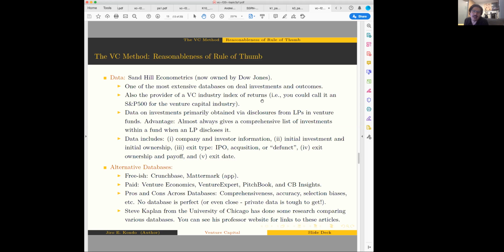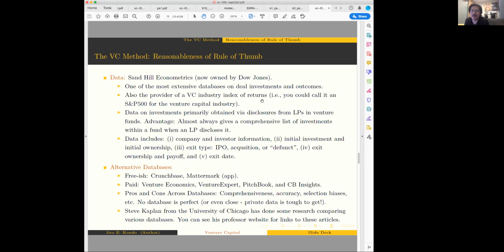So here's a reality. There's no perfect database. Okay, that's just a fact, and we've got to just live with that. But just because we don't have a perfect database doesn't mean that I'm going to just ignore all data out there. So what I did is I looked at data from a data vendor called Sandhill Econometrics.